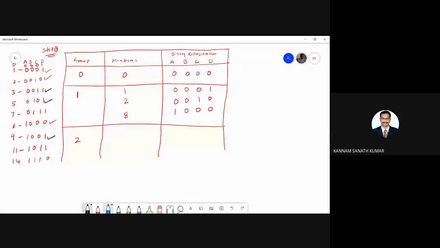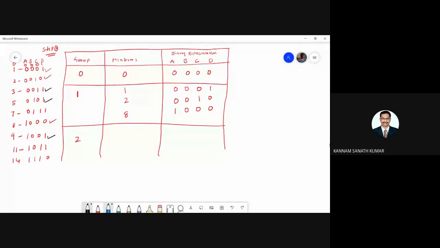So if you see, 3, 5, and 9 have two number of ones. 3 is 0 0 1 1, the binary representation of 5 is 0 1 0 1, and 9 is 1 0 0 1.